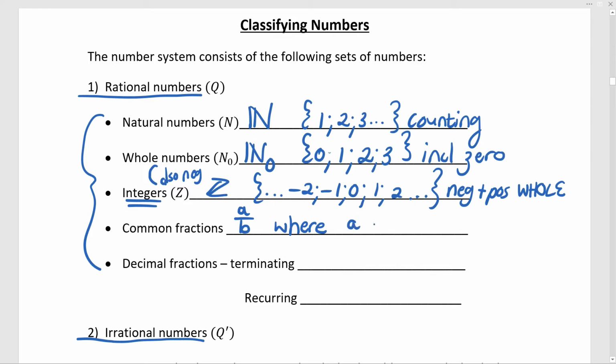So where a and b are integers, because of course you can get negative fractions, but I'm saying it's a common fraction only if you have a whole number there, could be negative, a whole number there, could be negative. So a and b need to be integers in order for it to be classified as a common fraction. Remember that all of these things in this list of bullets are classified as rational numbers.